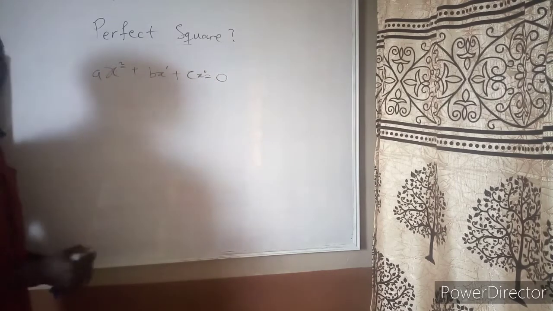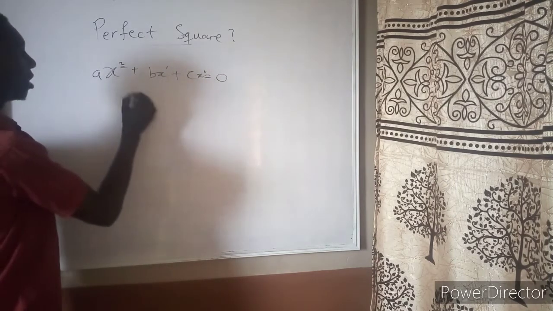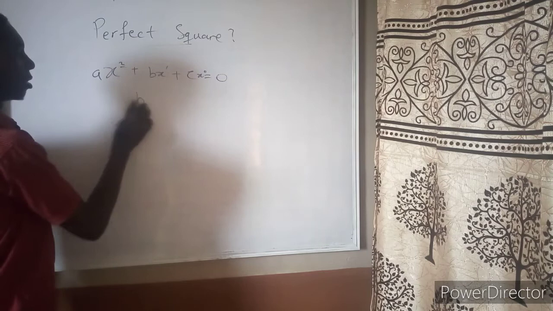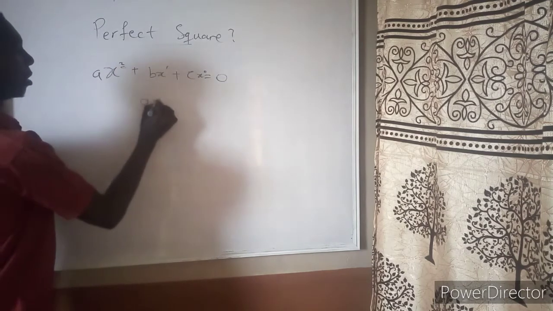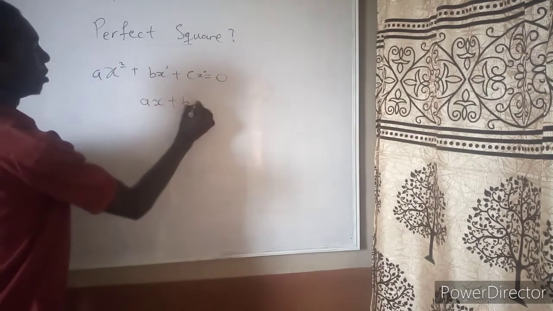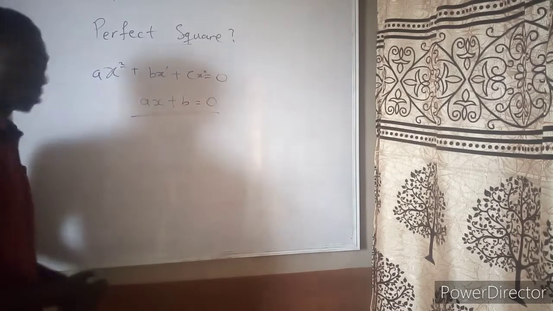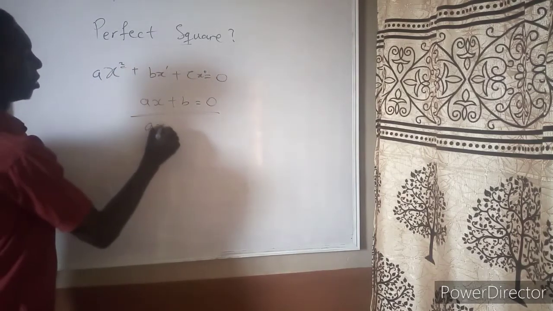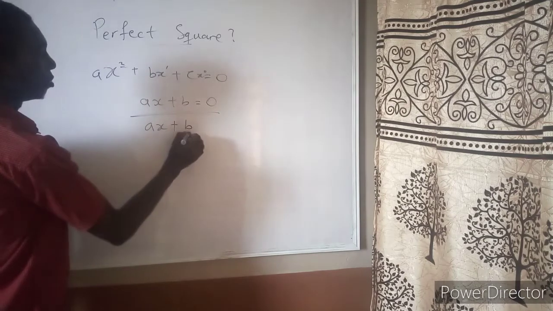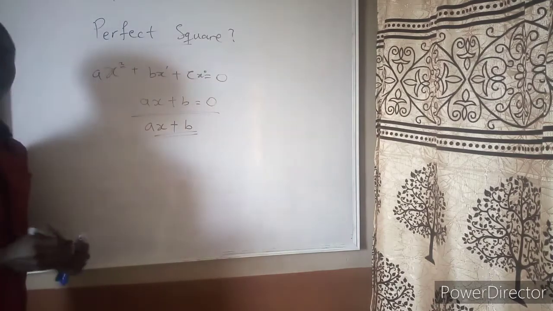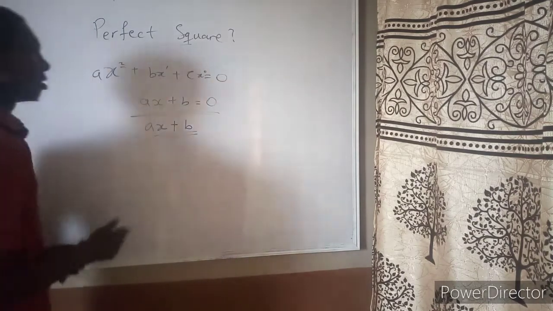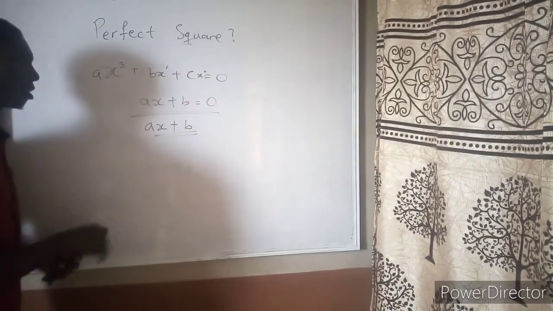But for a simple linear equation, the highest power is always 1. So I can have ax plus b. This is an example of a simple linear expression.